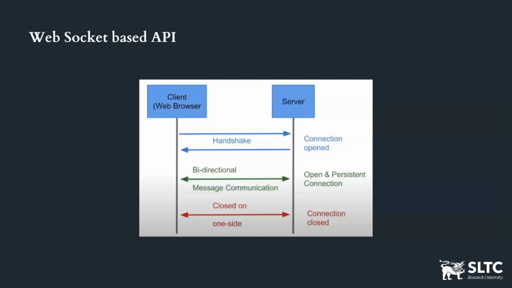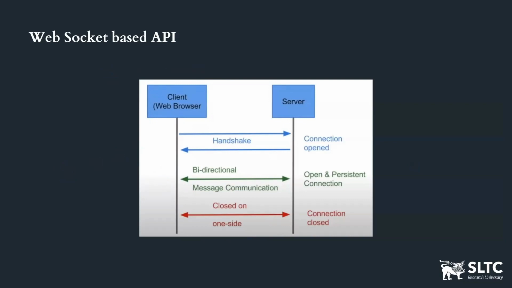Next we will talk about the second type of API, which is the WebSocket based API. The APIs which use the WebSocket protocol are known as WebSocket APIs. Basically, applications such as chat boxes use these WebSocket based APIs.